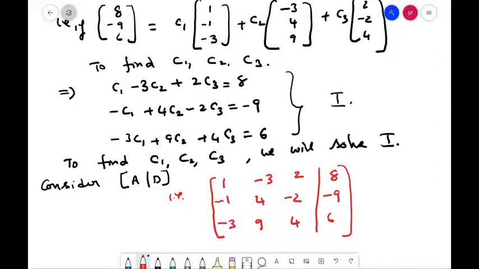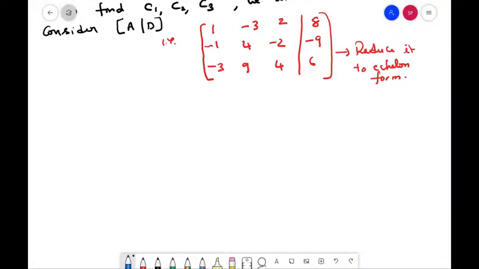So this we have to write, and this is to be reduced to echelon form. Again the same procedure. For so many problems like this, we are mostly using echelon forms. Now we have to reduce this to echelon form.